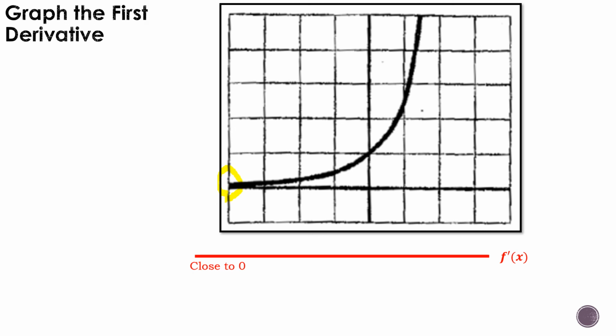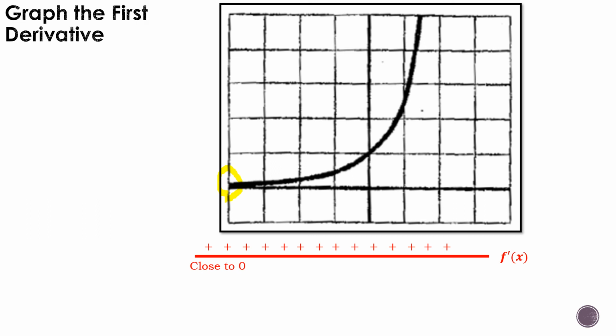And then when I trace from left to right, like we already talked about, it's increasing everywhere, so I'm going to put pluses everywhere. The pluses, the positives, mean that you're going to have positive y values. So this whole graph is going to be above the x-axis.